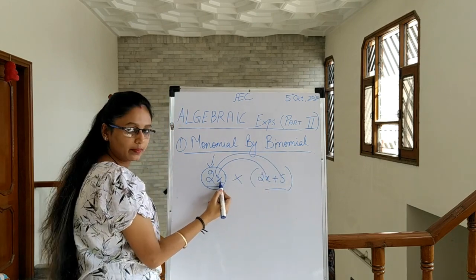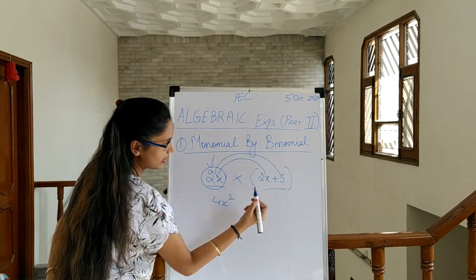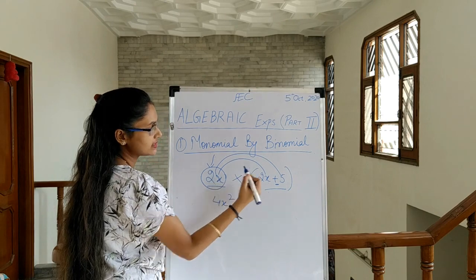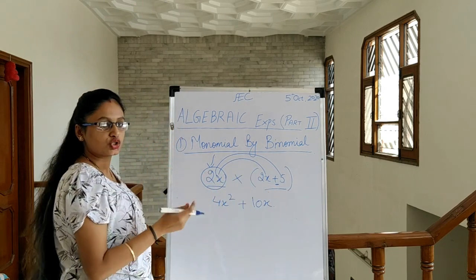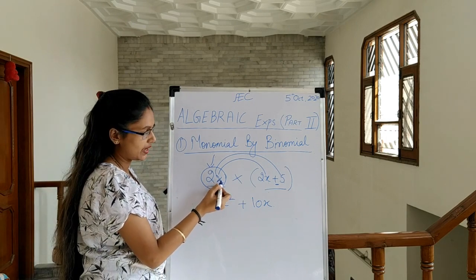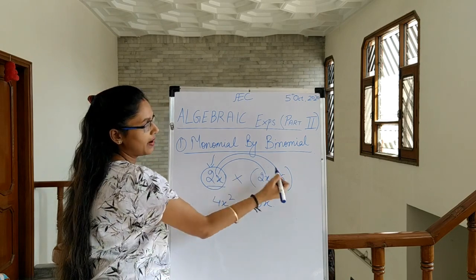First I will multiply 2x by 2x, which is 4x square. Then I am going to put the sign plus, 2x multiplied by 5, which is 10x. So in this, what we have done is, I have multiplied the monomial, that is 2x, by first 2x, then plus 2x by 5.